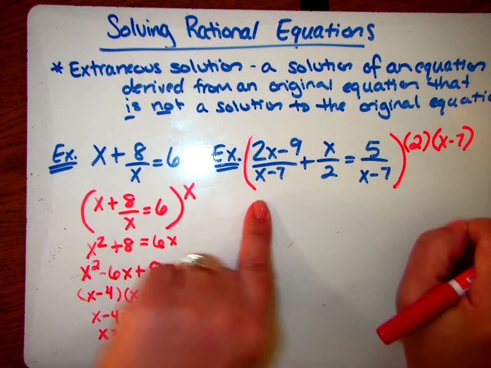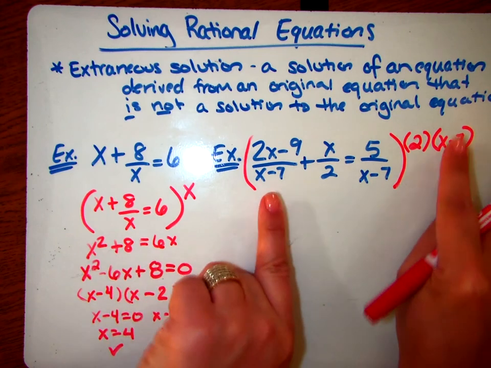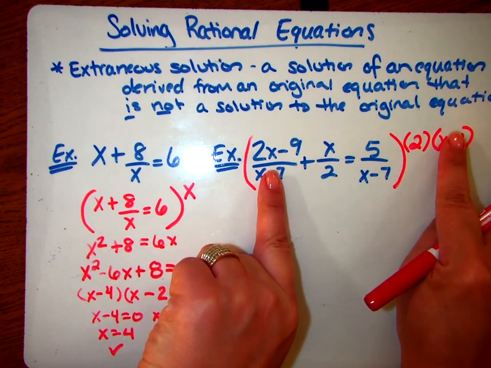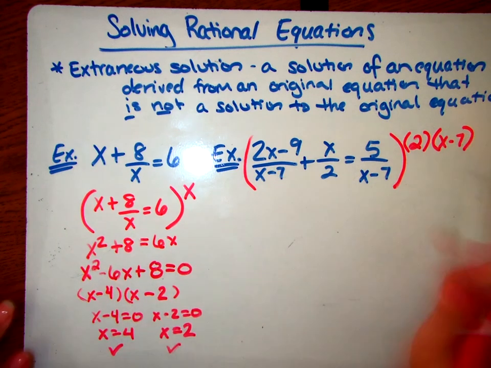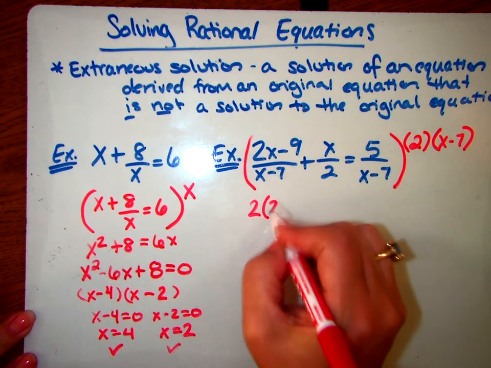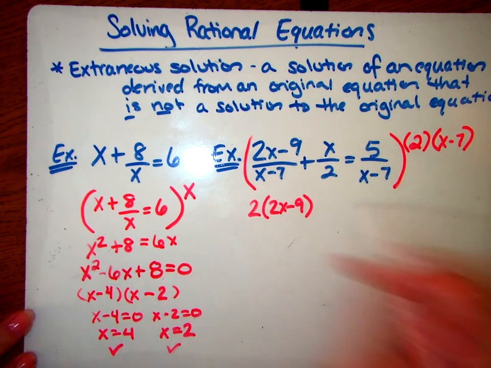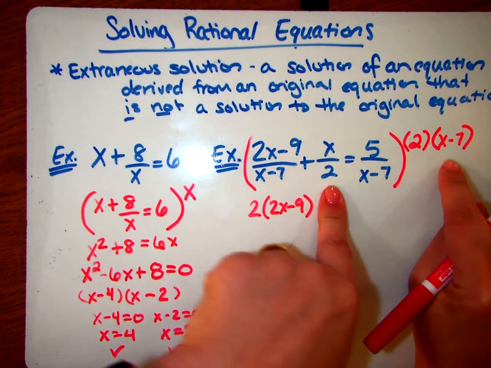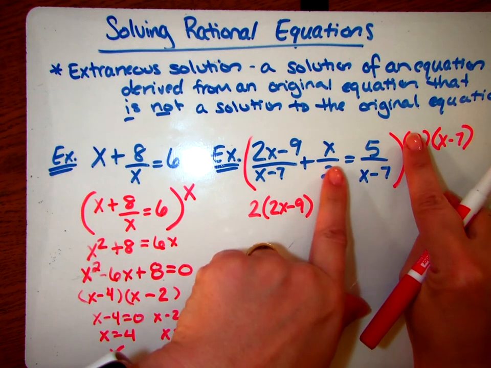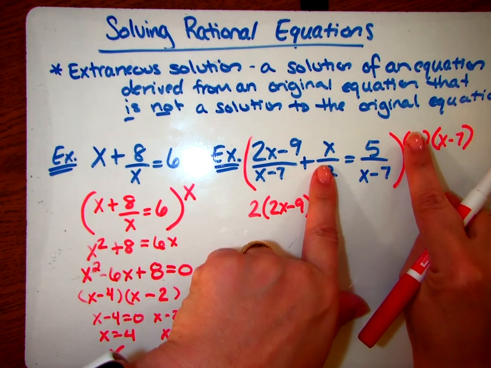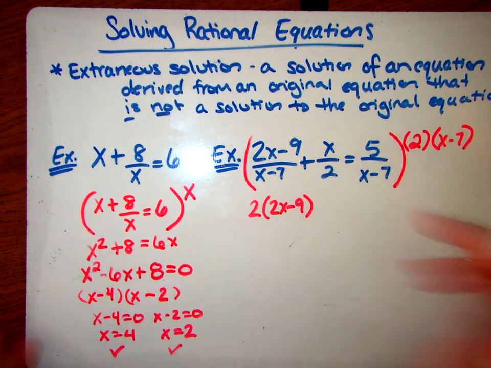When we look at our first term, my x minus 7s cancel, and it leaves 2 outside times 2x minus 9. So I have 2 times 2x minus 9. For the second term, my 2's cancel, and it leaves me x times x minus 7.